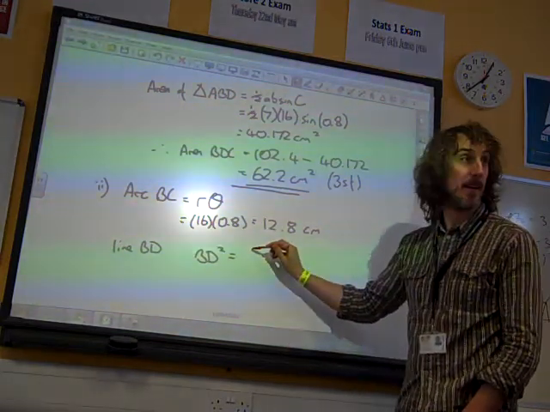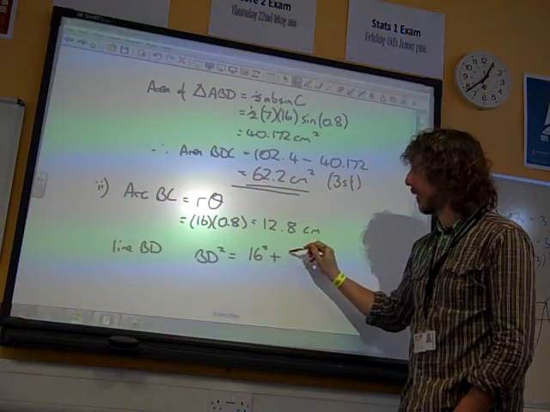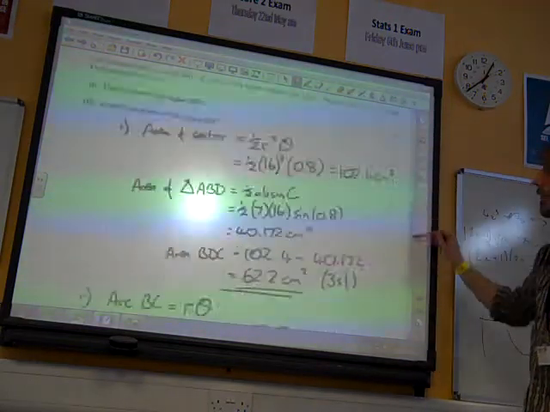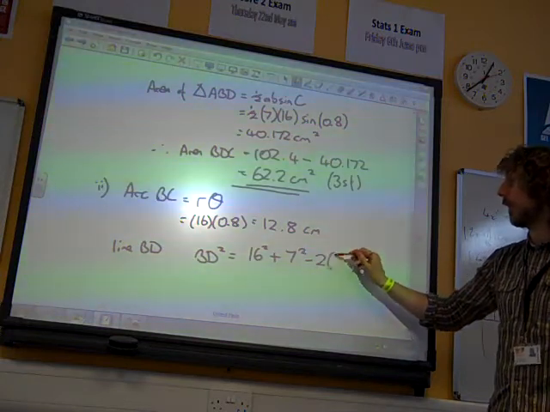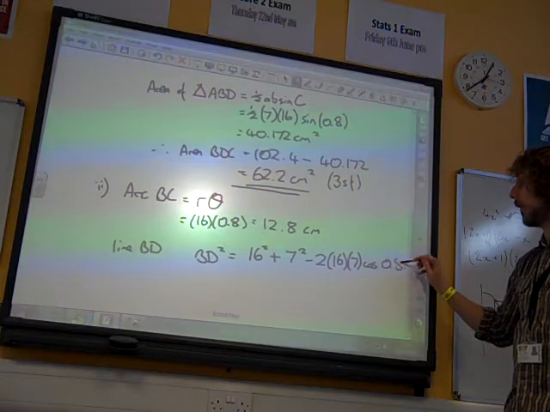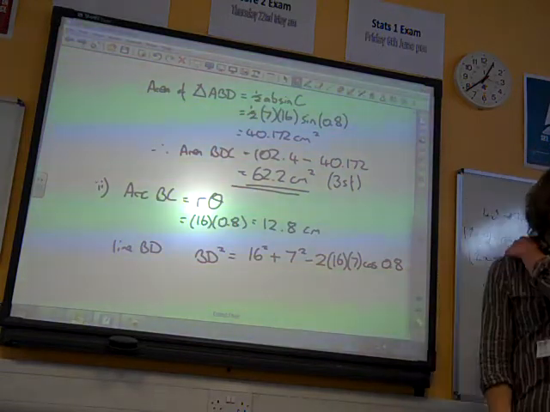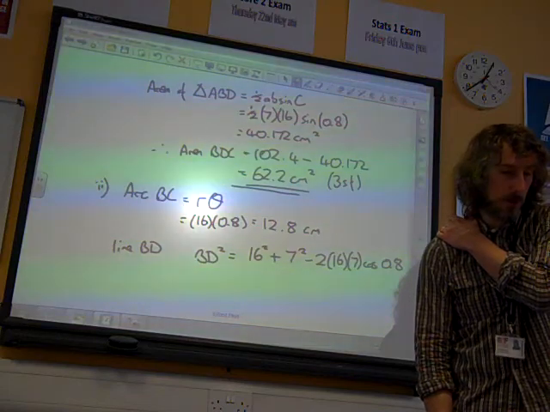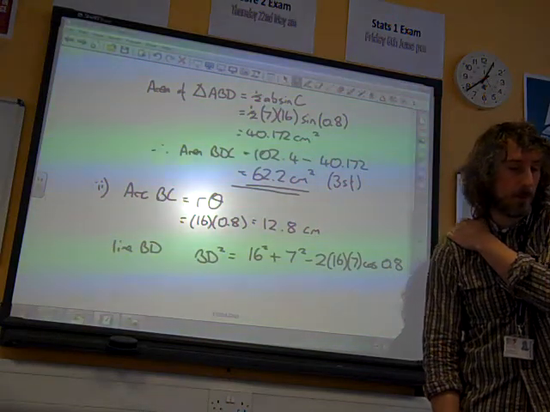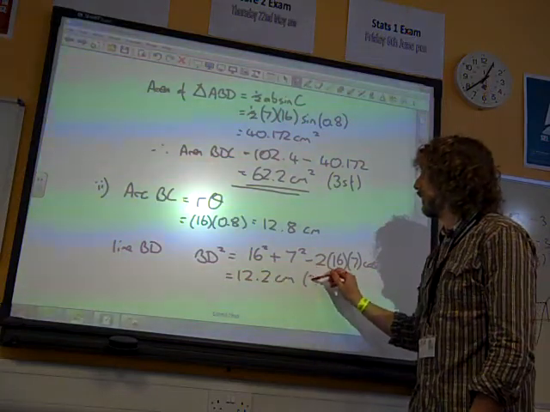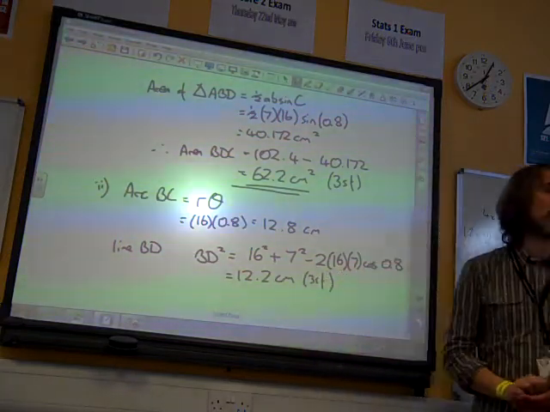Right, so that would be 16 squared plus 7 squared. They're the two sides. Minus 2 times 16 times 7 times cos 0.8. And if we work that out, it gives us a value. This one is 12.2, isn't it? To three significant figures, that comes out to being 12.2.